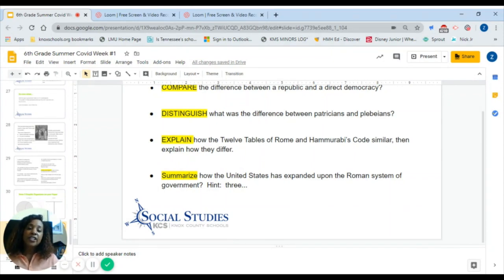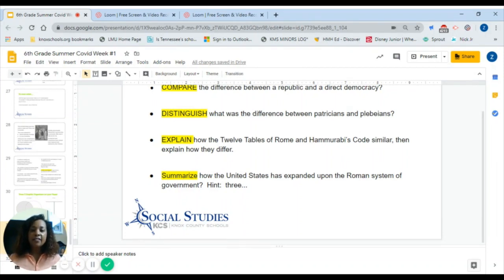The second question is to distinguish. Distinguish what was the difference between the Patricians and the Plebeians, the two major categories in the social class within ancient Rome. Remember, the Patricians were the wealthy individuals that were citizens in Rome, and then you have the Plebeians that made up 60% of the citizens in Rome that were farmers, merchants, and artisans.